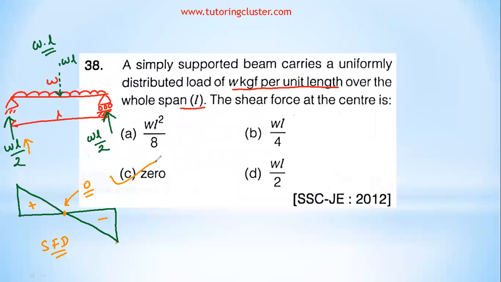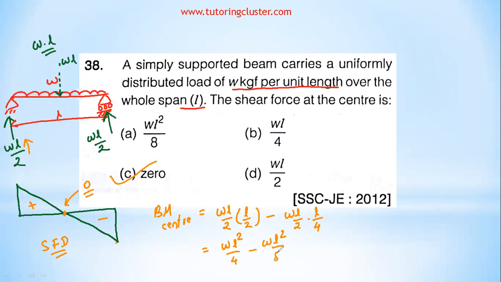Okay, if somebody asks you to calculate the bending moment at the center, what will be its magnitude? It will be WL by 2 into L by 2 minus WL by 2 into L by 4. So WL square by 4 minus WL square by 8.